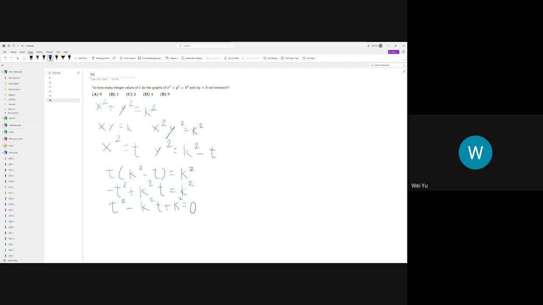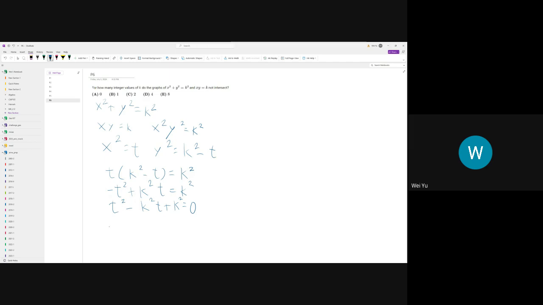So there are no non-negative solutions to this. So we get that the discriminant must be less than 0.